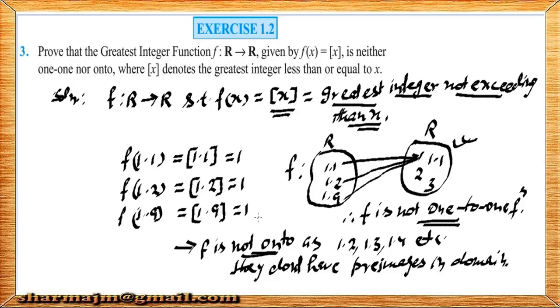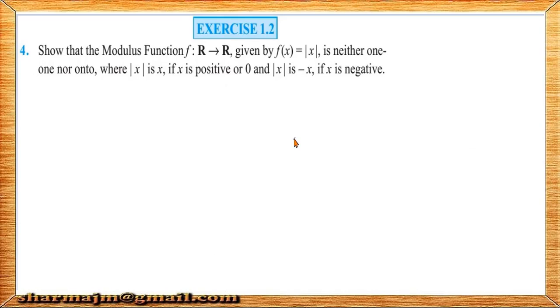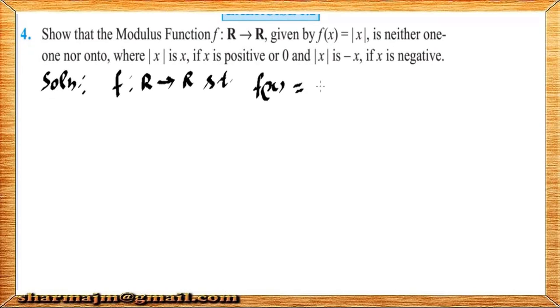Okay. Next question. Now it is question number 4. f is a real function from R to R such that f of x is equal to x mod. So we will check this function for 1 1 and onto.